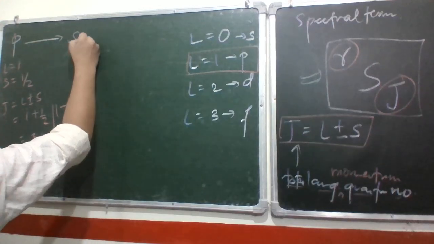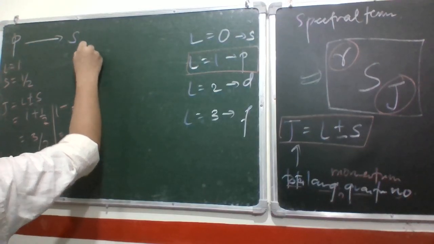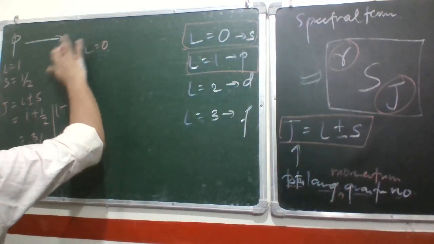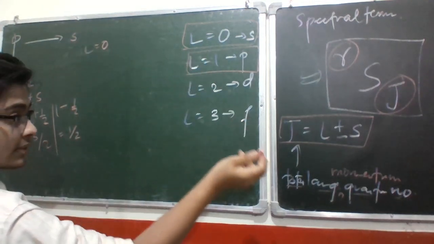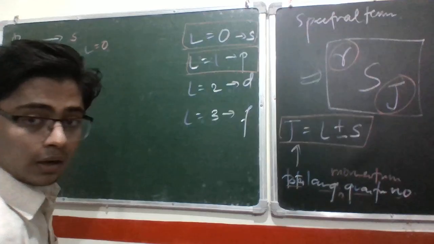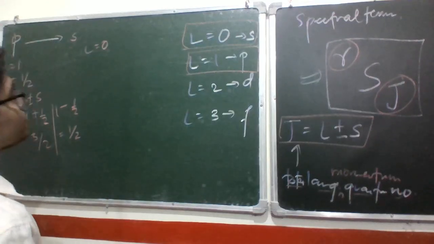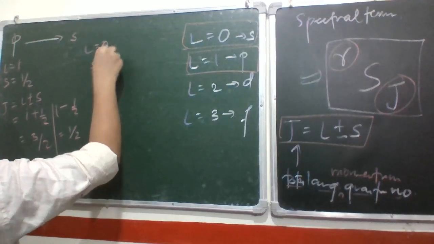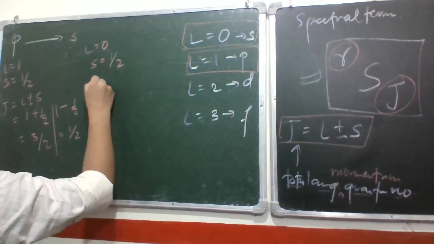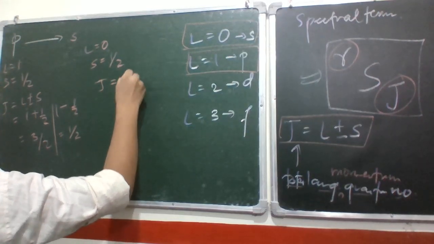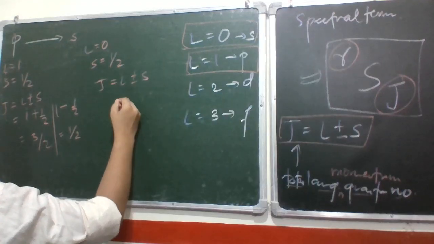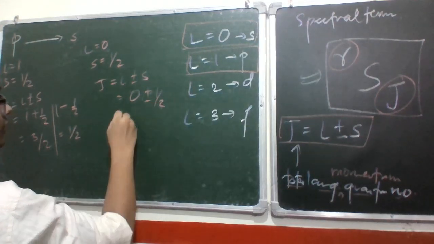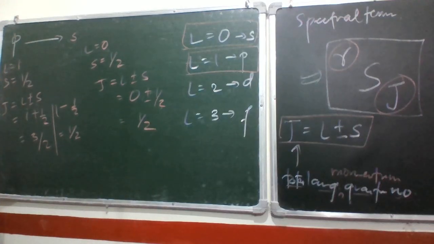Again, for the s orbital, L equals 0. Please don't be confused between orbitals and the angular quantum numbers. S for an electron is always half, so J is 0 plus minus half, and we will only have one value, that is 1 by 2.